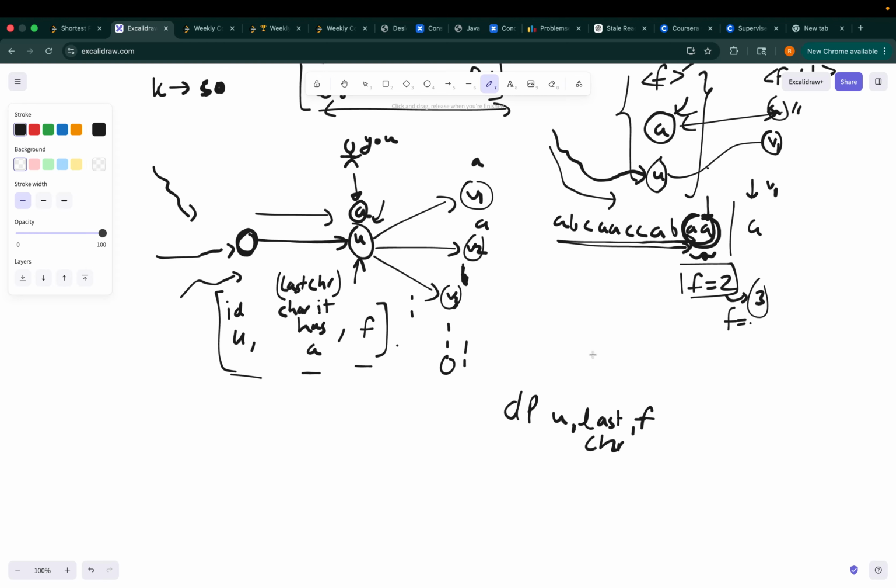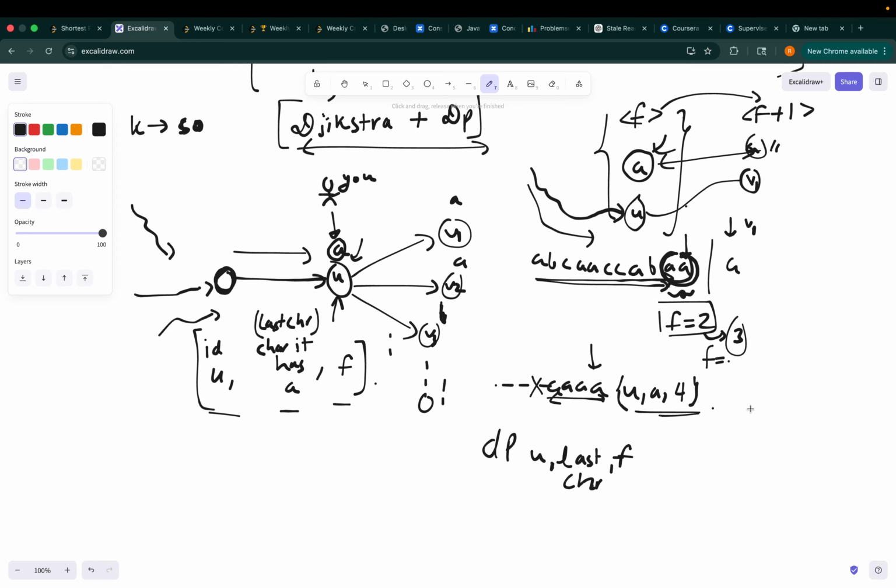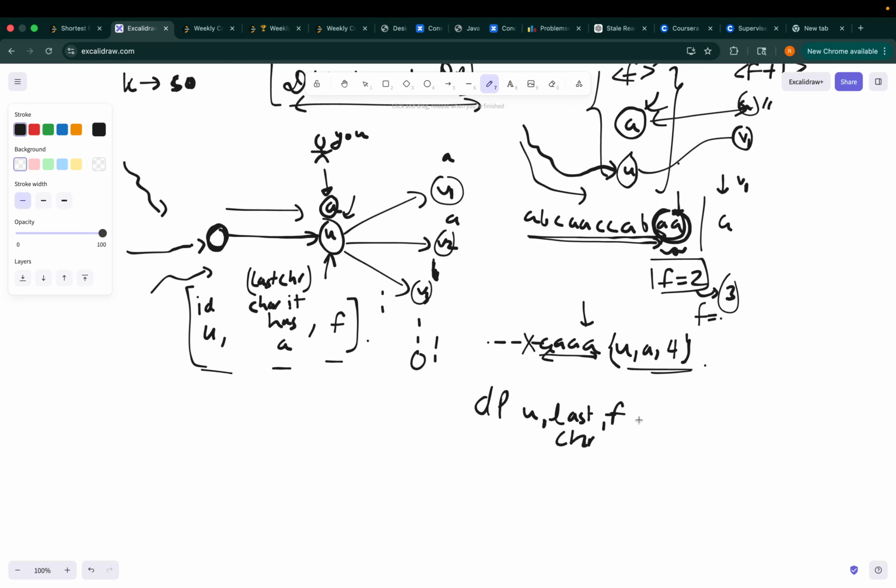So in this case, if the last char was A, and the path you followed to reach this A had, let's say, some character X before it, so it had 4 consecutive A's, then your graph state would be u, last char is A, and then 4. Okay. So having this information is useful, and it correctly describes the entire state that your node can be in.